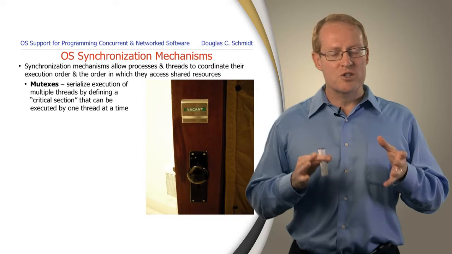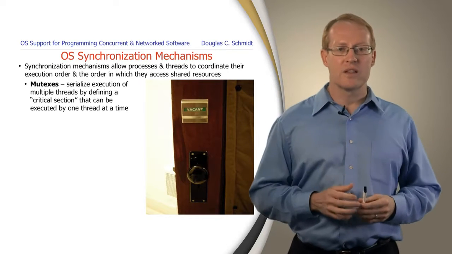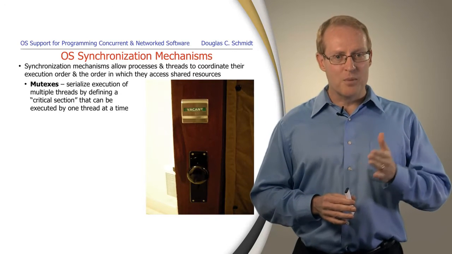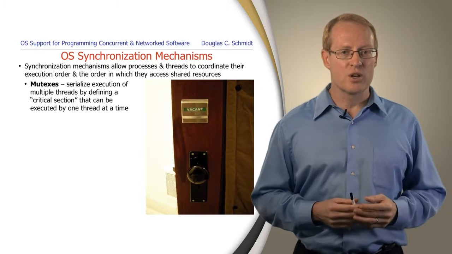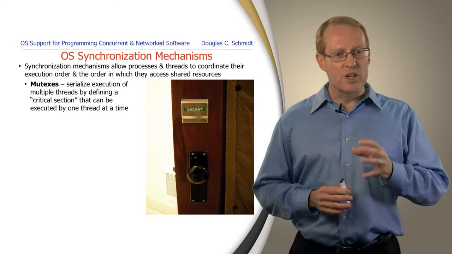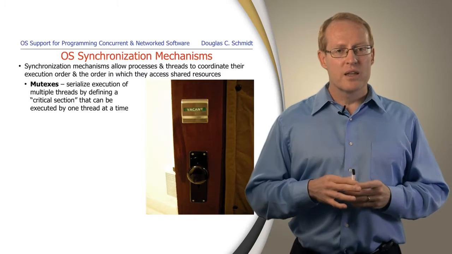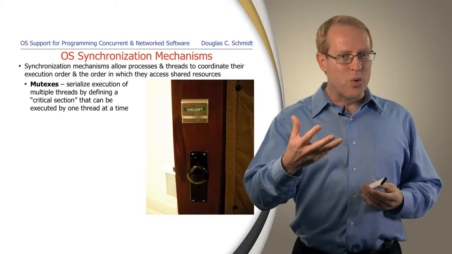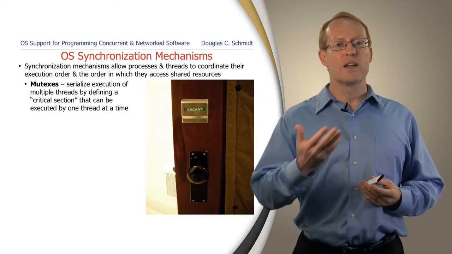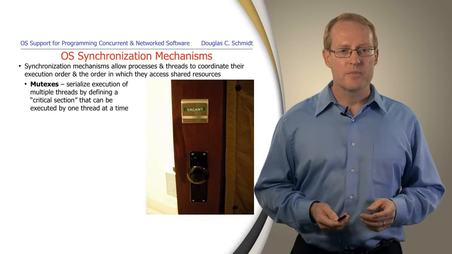When the person in the restroom is done, they come out, the lock goes back from occupied to vacant, and another person can go in. Note also in that particular example that this is what's called a fully bracketed use. The thread that acquires the lock is also the one responsible for releasing it.